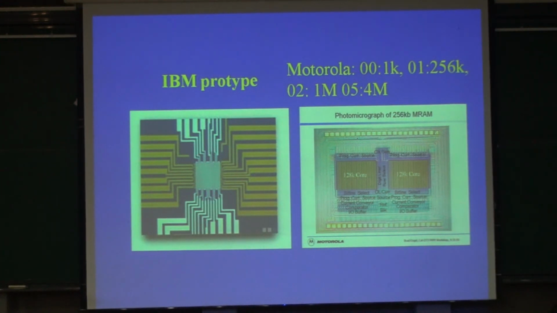So every time you turn on your PC, you wait for a long time. Why? They boot the operating system from the hard disk into DRAM. Because when you turn off the machine, everything evaporates. So if you have non-volatile RAM cheap enough, then all PCs will be replaced by this. So you don't need a hard disk. You turn on your PC, immediately on.